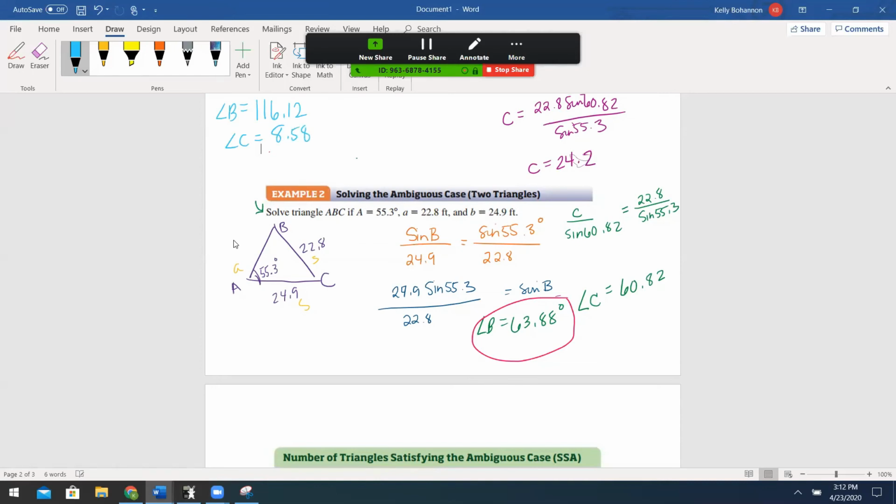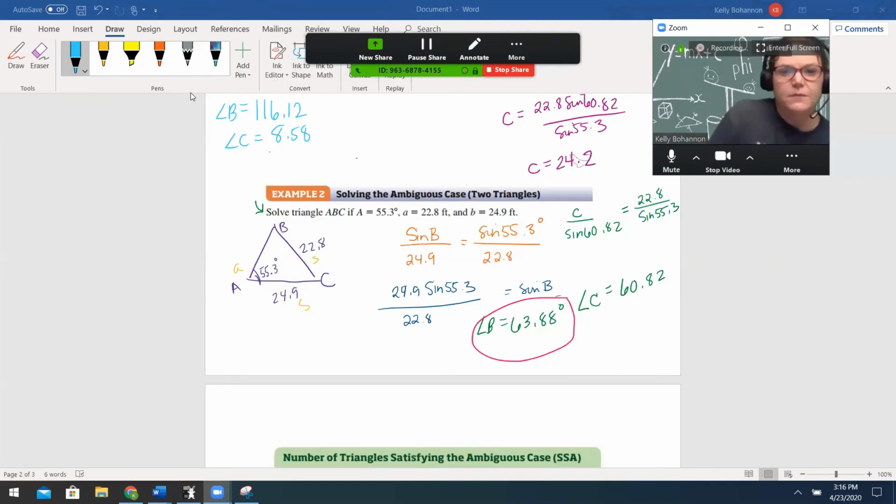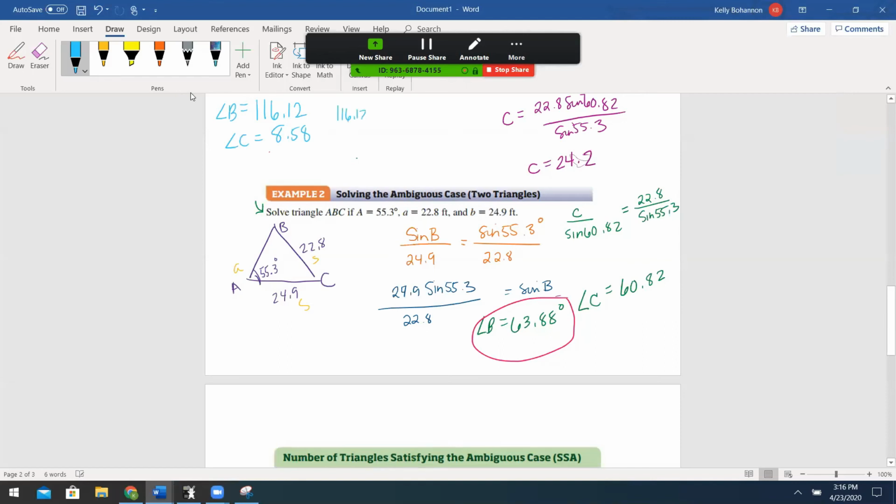Then I would have to solve for C of that triangle because that's the only side I'm missing. It doesn't matter if you use A or B in this case. Because we just found B, let's use B. I'm going to do side B, which is 24.9 over sine 116.12 equals C, which is what I'm looking for, over sine 8.58.